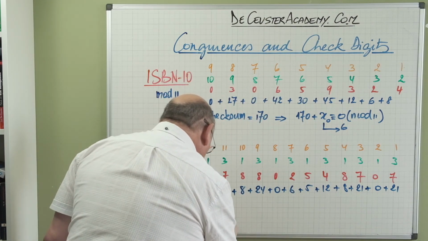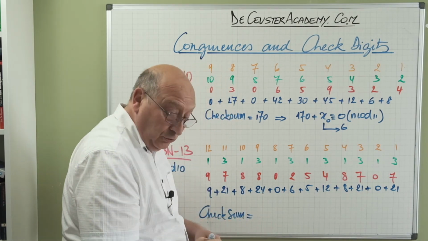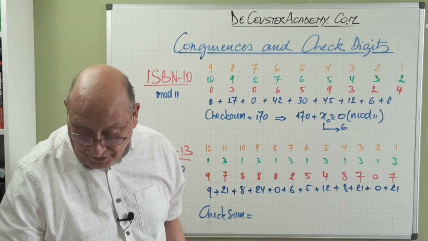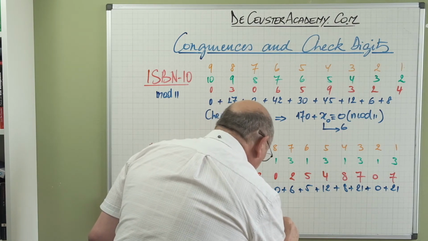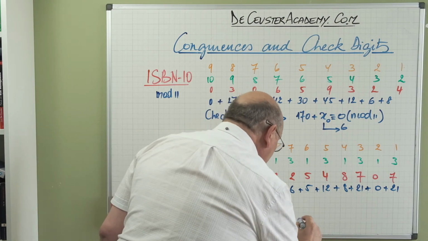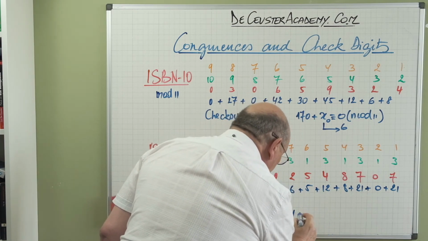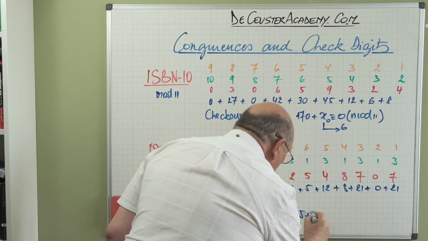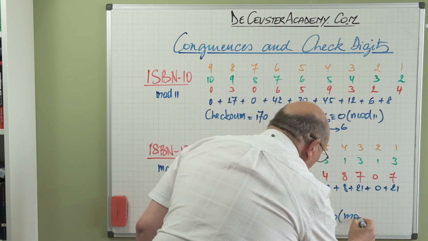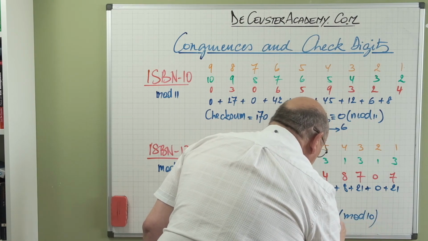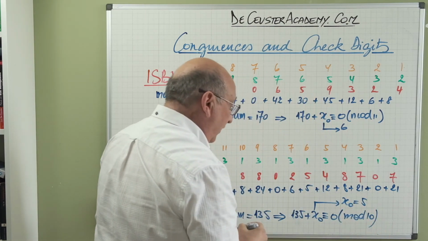And we look here, the checksum is equal to, when you add all those numbers, 135. So basically we can say that 135 plus x0 is congruent to 0 modulus 10, and in this case x0 is equal to 5.